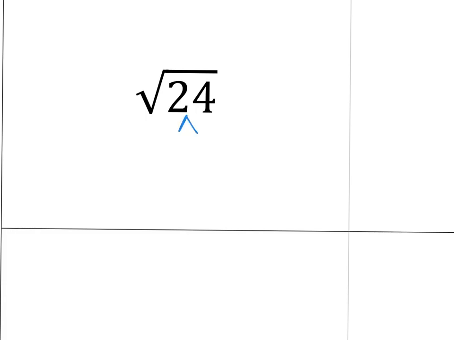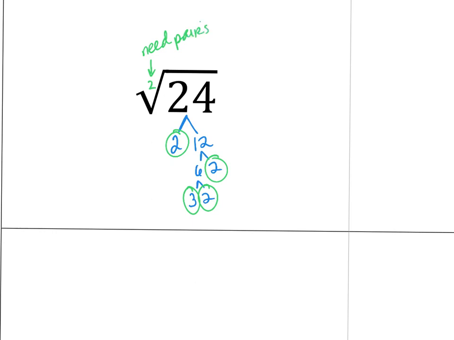Let's see. 2 times 12 is 24, and then 12 is 6 and 2, and 2 is 3 and 2. So then my prime factorization is 2 times 3 times 2 times 2. Now we are in a square root. Remember, if you don't see an index, that's just our regular square root. So we need pairs in order to come out. And so I have a pair of 2s.